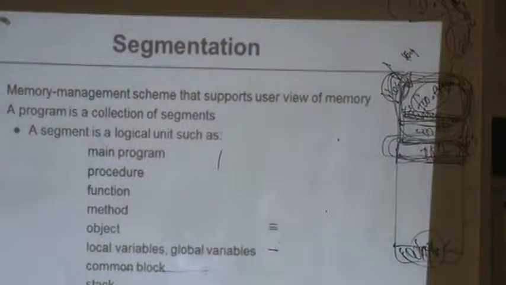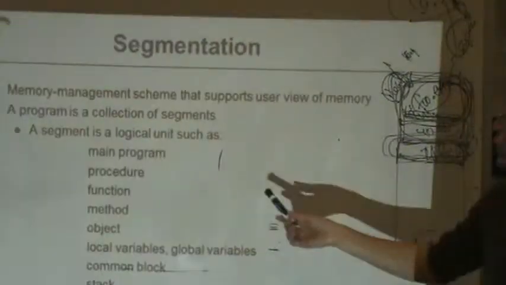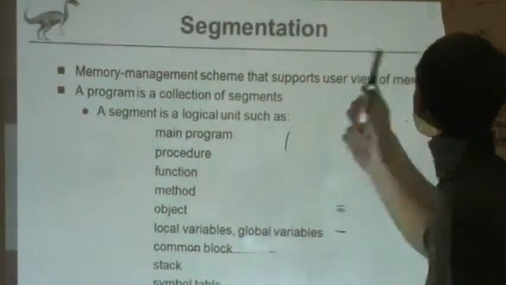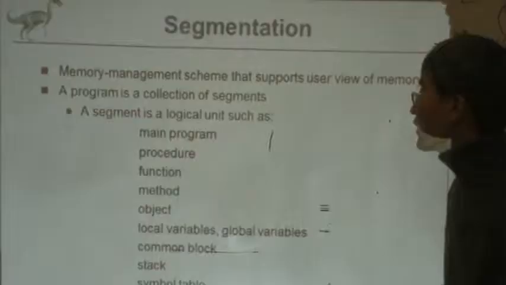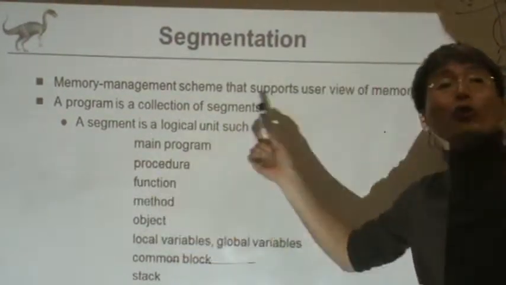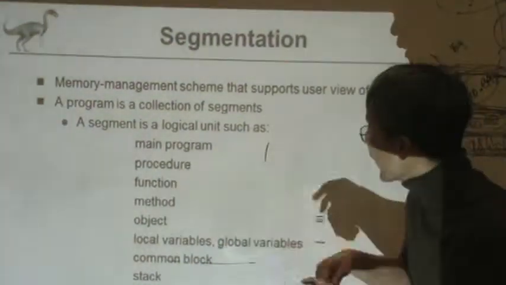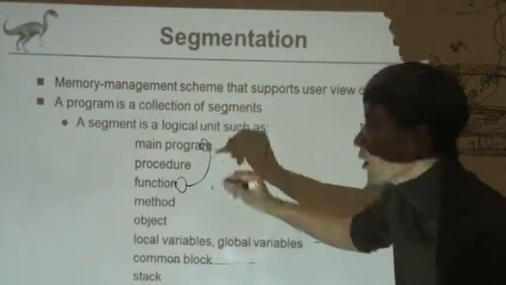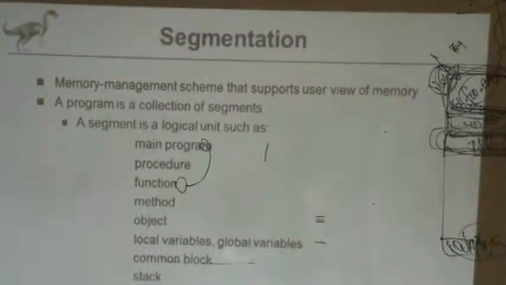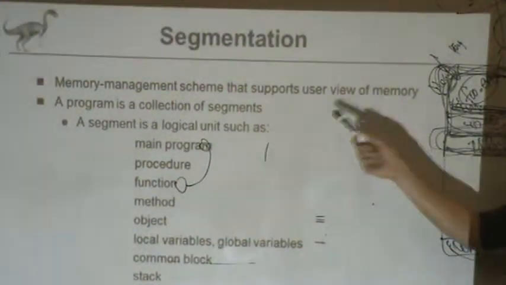For example, we can make a group or logical unit of the program, like the main program foo.exe, and sometimes functions to read or print the data. If they are working together, why don't we make a group of the process partitions? Then we allocate segment by segment.